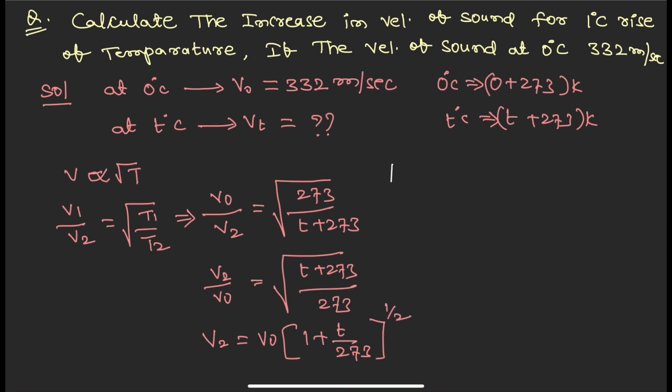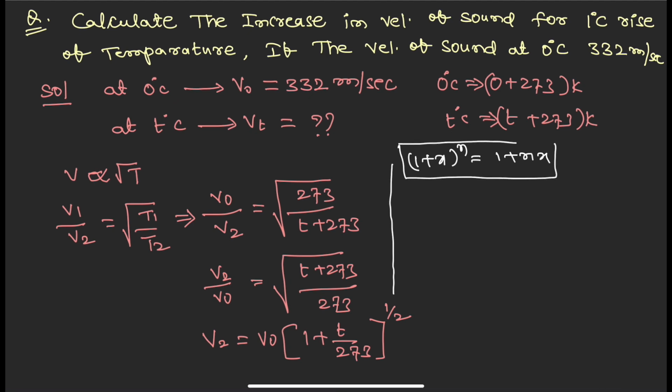The value T by 273 is small. For small values, 1 plus x to the power of n is equal to 1 plus nx, the binomial expression.